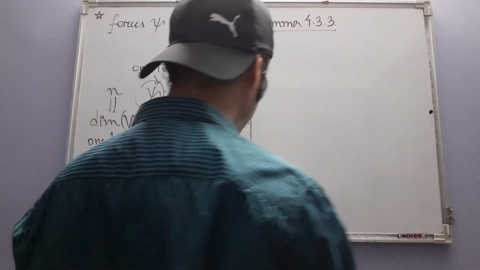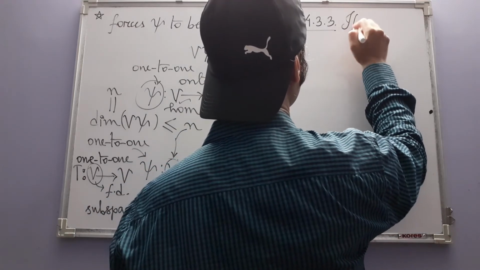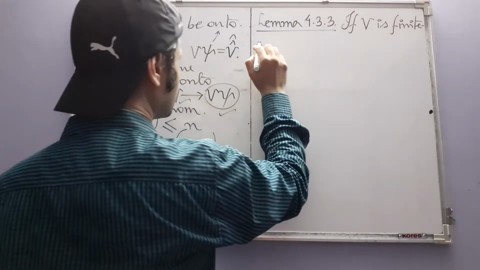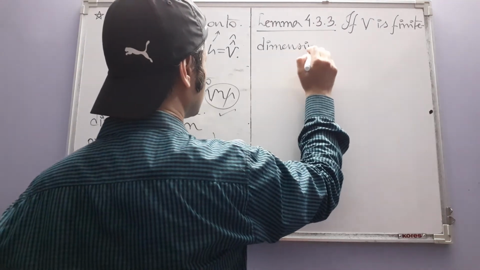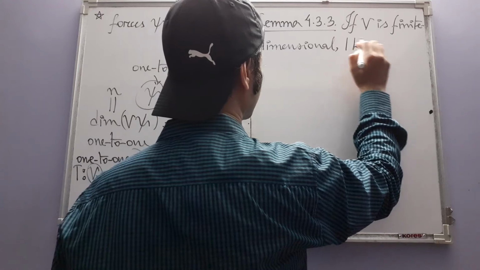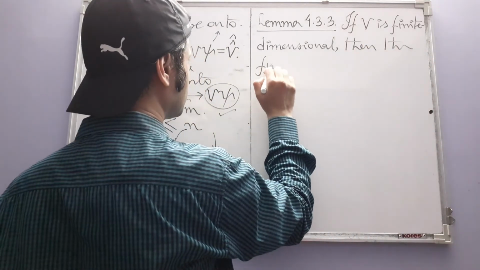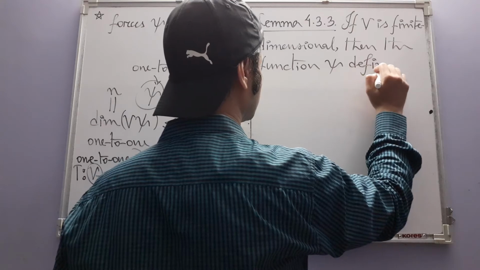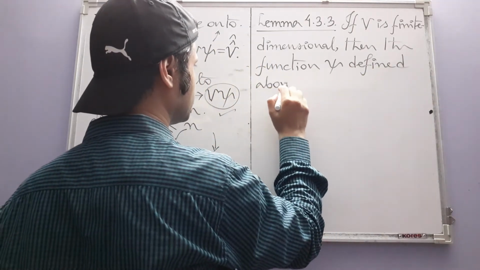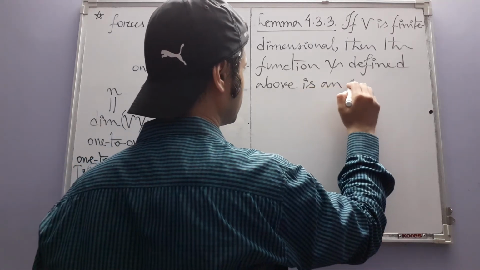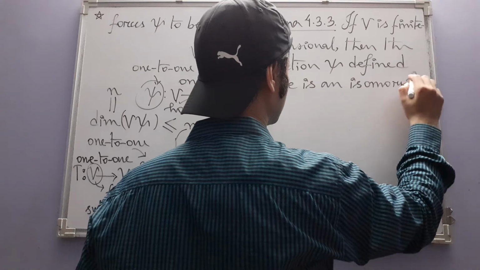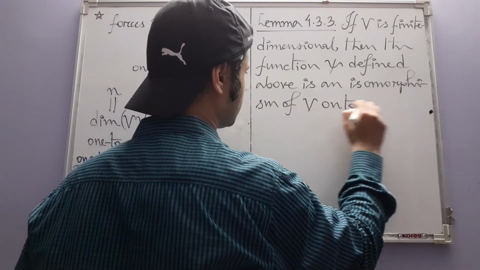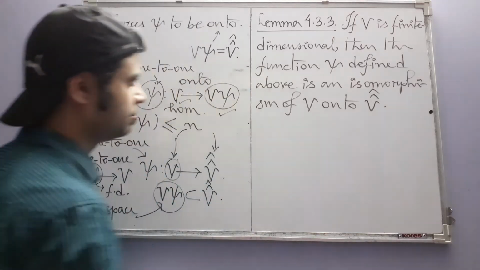And the lemma is simply this: if V is finite dimensional, then the function psi defined above is an isomorphism of V onto the second dual of V.